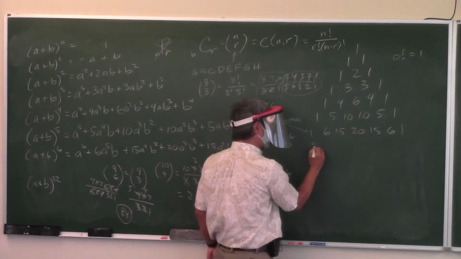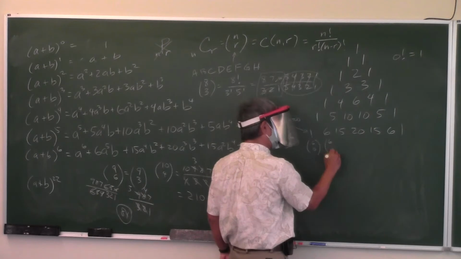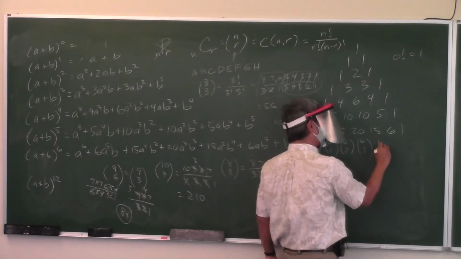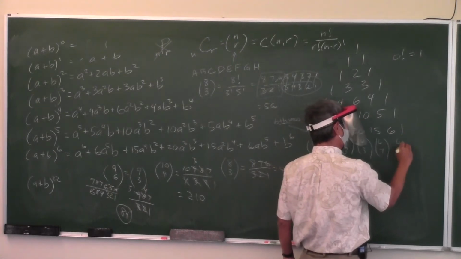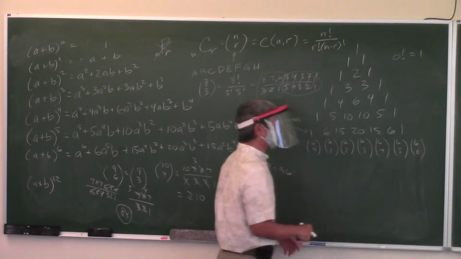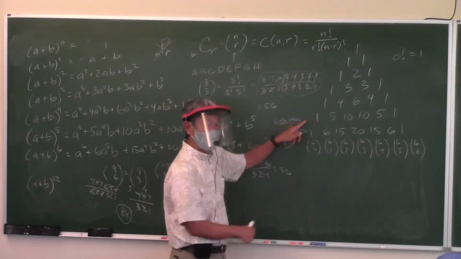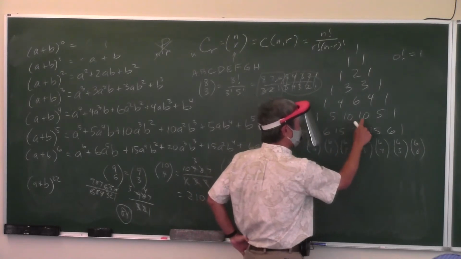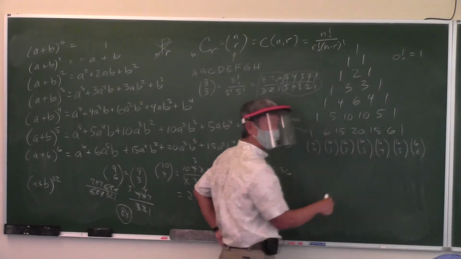This is 6 choose 0, 6 choose 1, 6 choose 2, 6 choose 3, 6 choose 4, 6 choose 5, and 6 choose 6. Just like in the 5th row, that would be 5 choose 0, 5 choose 1, 5 choose 2, 5 choose 3, 5 choose 4, 5 choose 5.